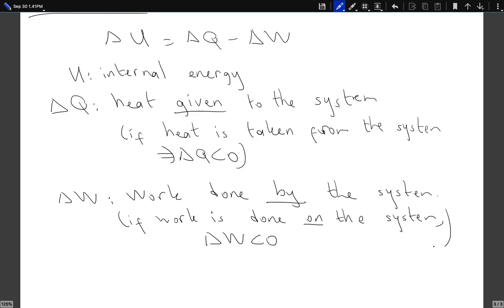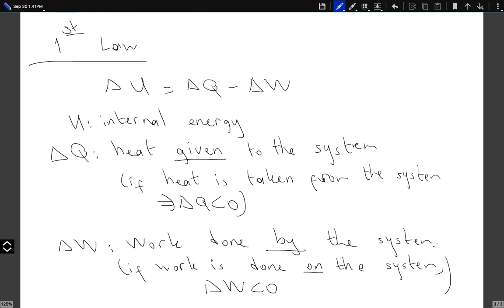Okay, so let's start with work. We talk about work, but what is work? And then we will talk about heat. What is heat? Well, in fact, let's start with the heat. This is the definition of heat: anything that causes a change in the internal energy of the system that is not the work.